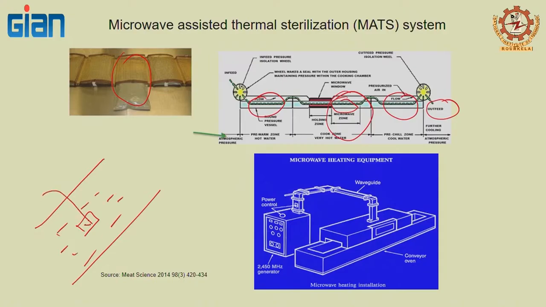You send microwave here and it heats, you send microwave to the water and it heats, and this heat in turn heats the product. In other words, they are trying to provide as much opportunity as possible for the product to receive heat from the microwave as well as the surrounding water, so that any non-uniformity in temperature can be reduced and you have a much more uniform temperature.